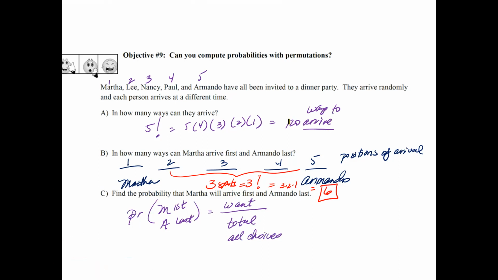Your all choices we found in A is 120. And your want we found in B, which is 6. So my probability is 6 over 120, or 1 out of 20. And once you divide it, 0.05, or just 5%.